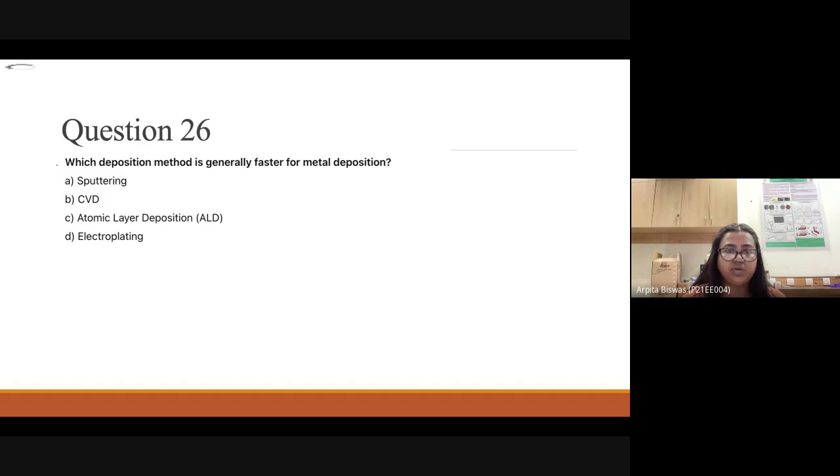Which deposition method is generally faster for metal deposition? First is the sputtering process, then CVD, then atomic layer deposition, and then electroplating.